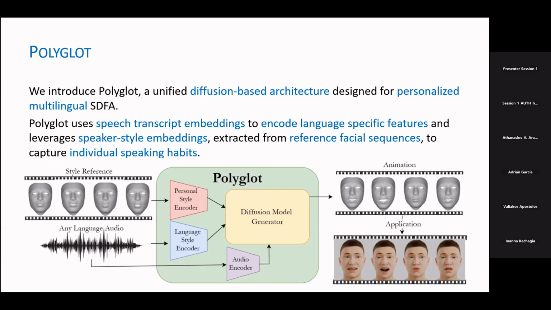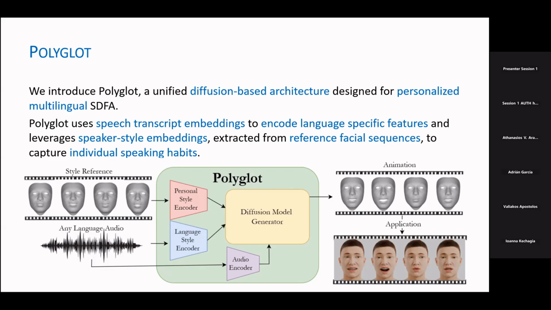So we have both an encoder for the language and a separate encoder for the audio. Then these three components are provided as input to a diffusion generator, which is based on a transformer, and at the end we are capable of generating these animated faces.